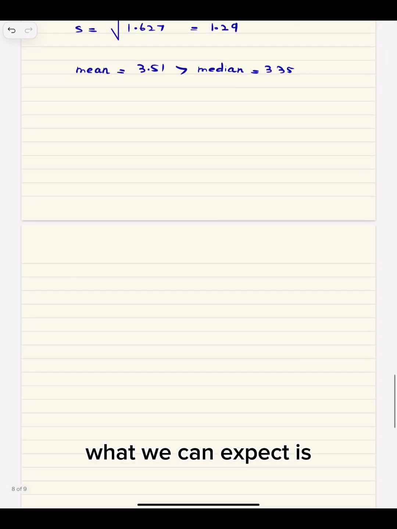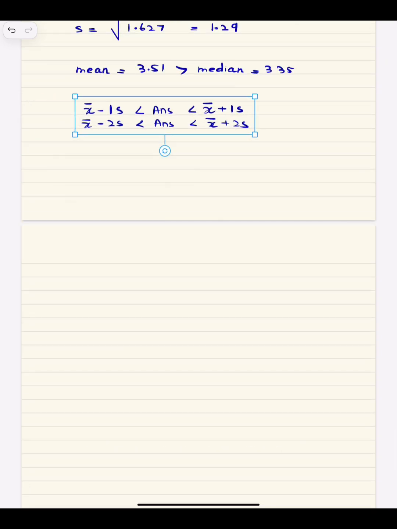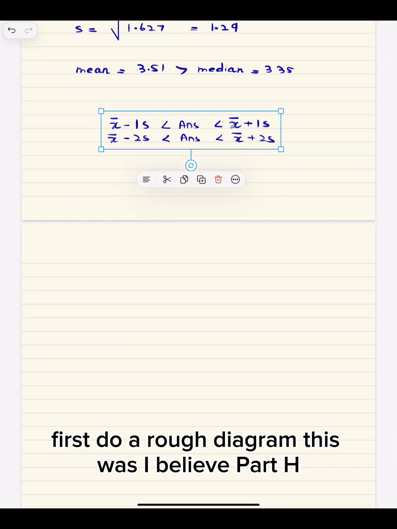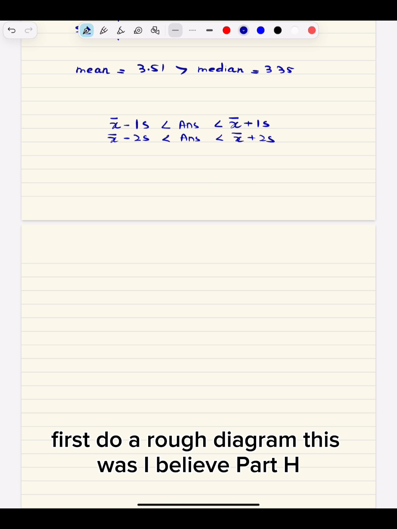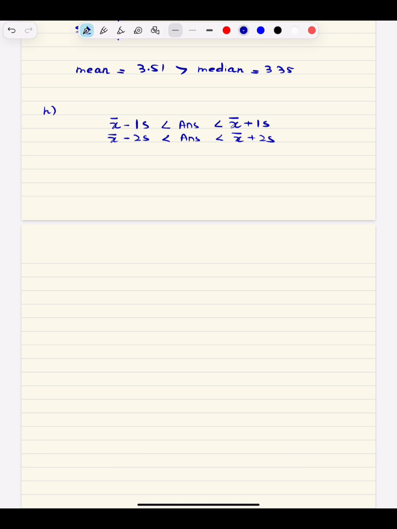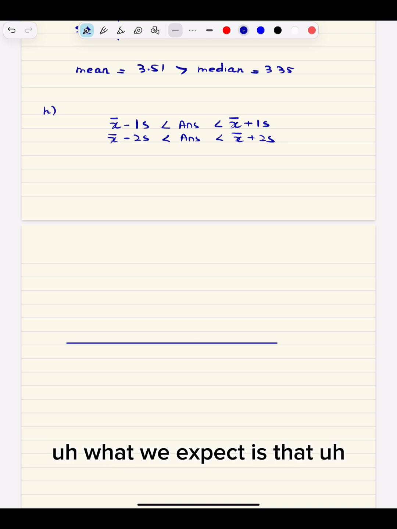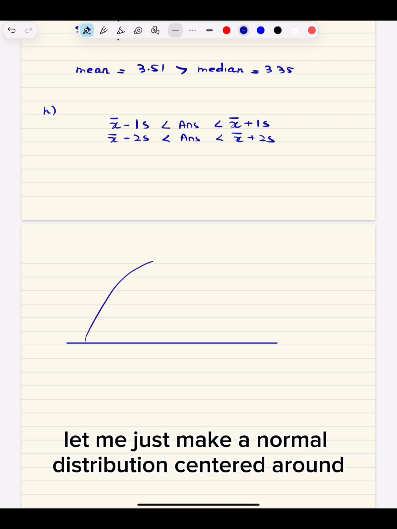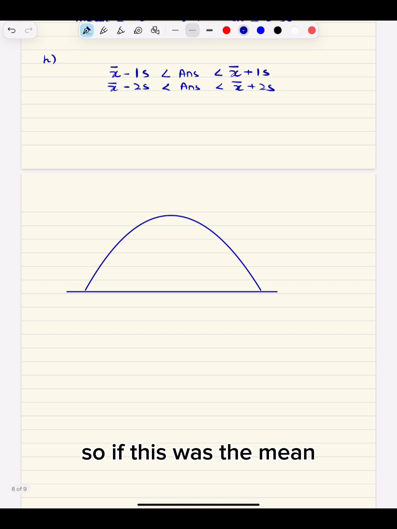What we can expect is, let me first do a rough diagram. This was, I believe, part H. What we expect is, let me just make a normal distribution centered around the mean.